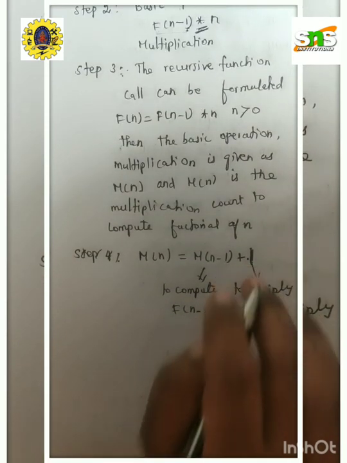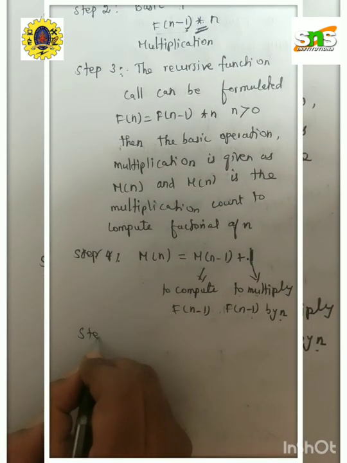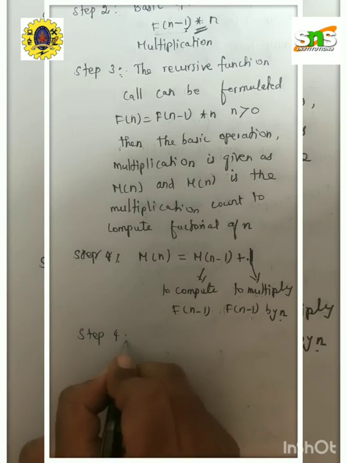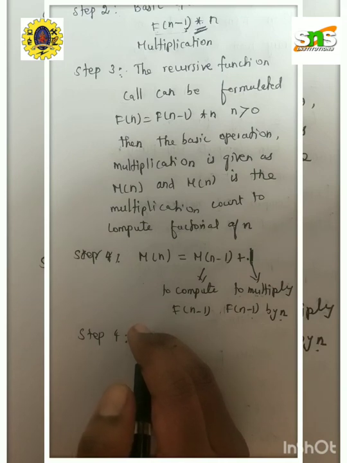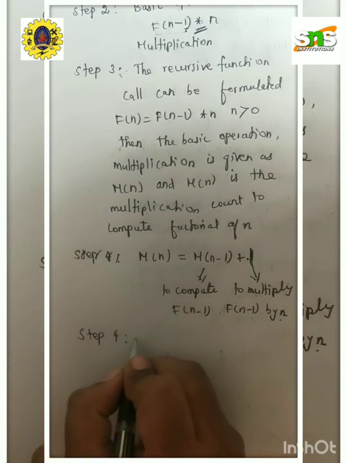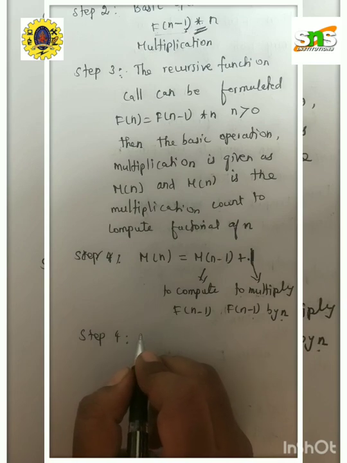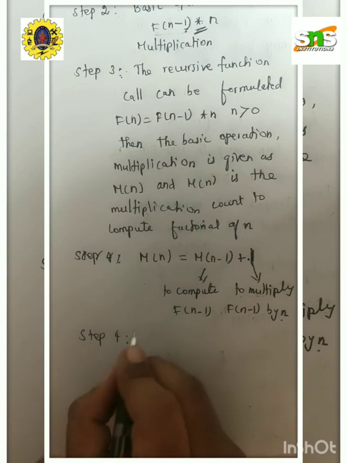Okay, step 4. So in this step the recurrence relation is obtained, that here you can set up the recurrence relation, right?